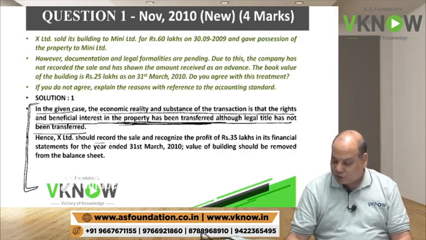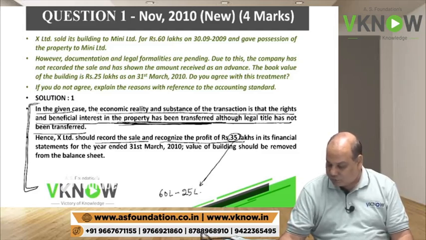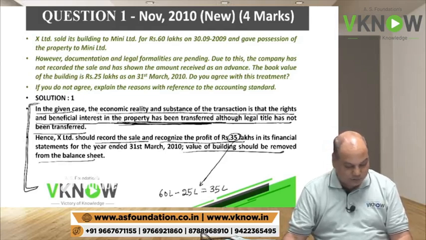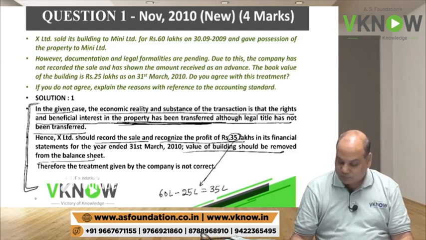Hence, X Limited should recognize the sale and recognize a profit of 35 lakh. How has this 35 lakh come? 60 lakh sale value minus 25 lakh book value. In its financial statement, the value of the building should be removed from the balance sheet. Therefore, the accounting treatment is not correct.